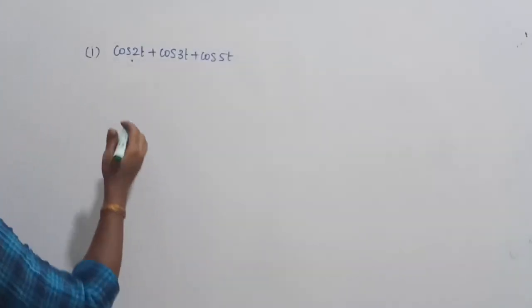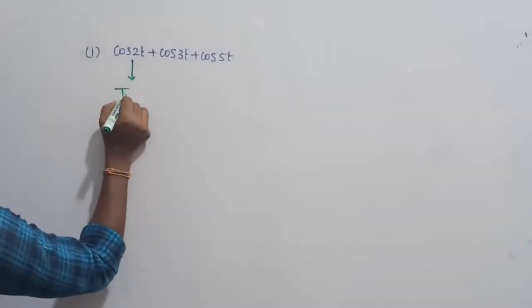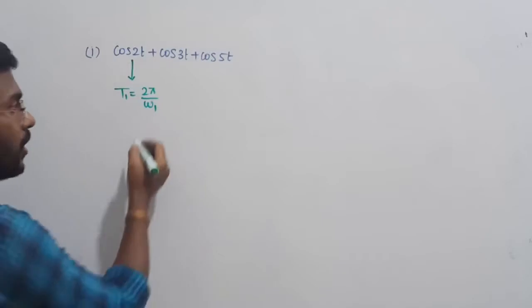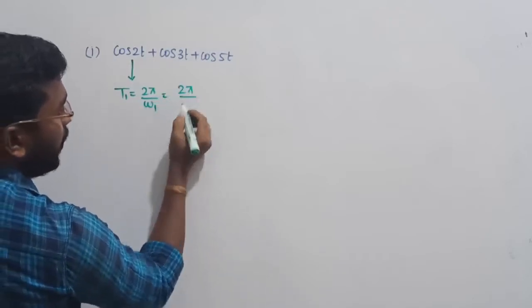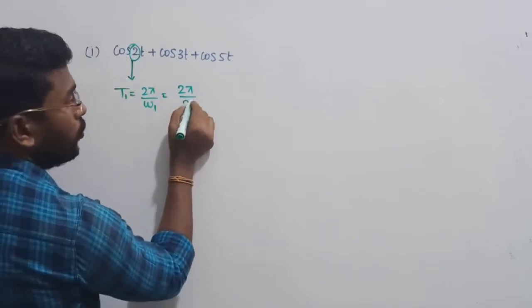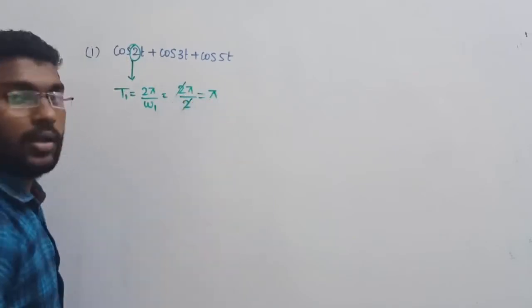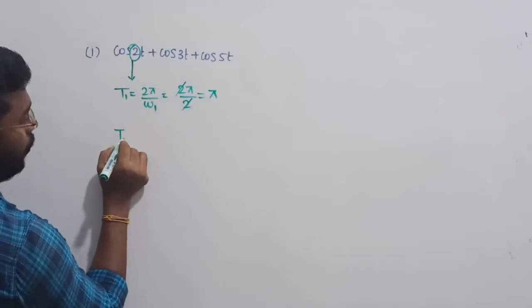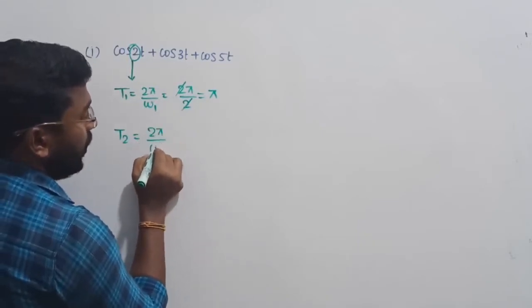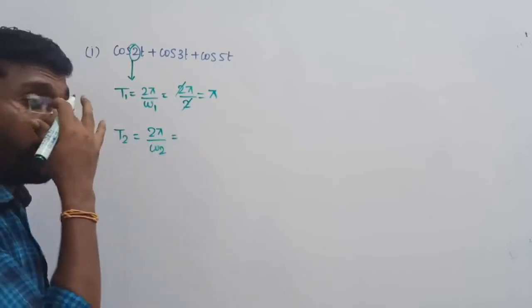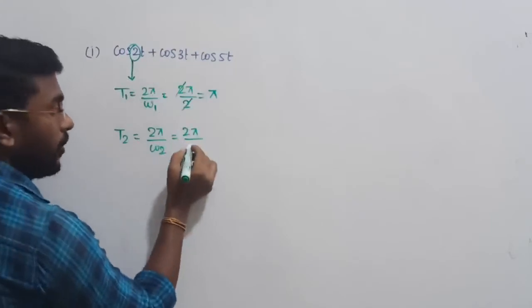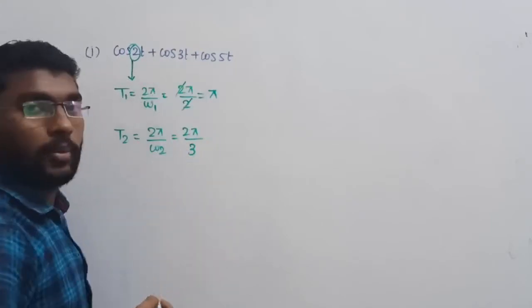So let us see. First, find out the value of T1. T1 is equal to 2 pi by omega 1, for cos omega t, where omega is 2. So the 2 cancels and it becomes pi. Now find T2: T2 is 2 pi by omega 2, where omega is 3, so T2 is 2 pi by 3.